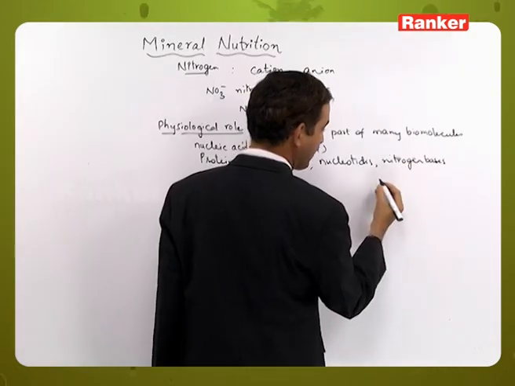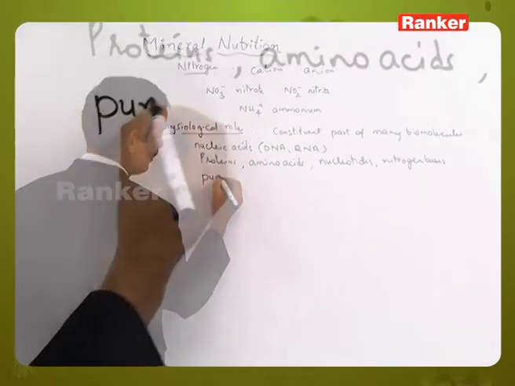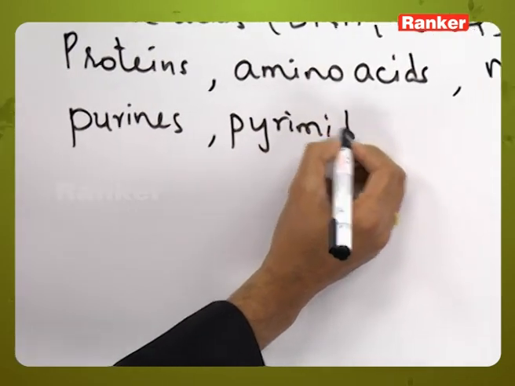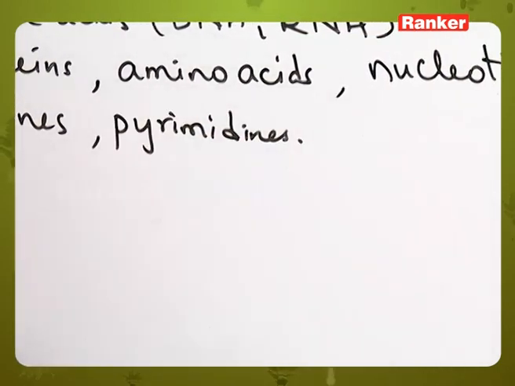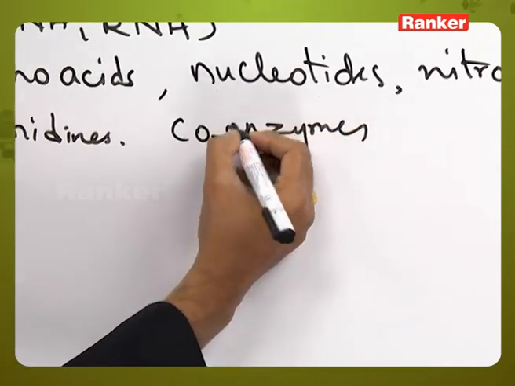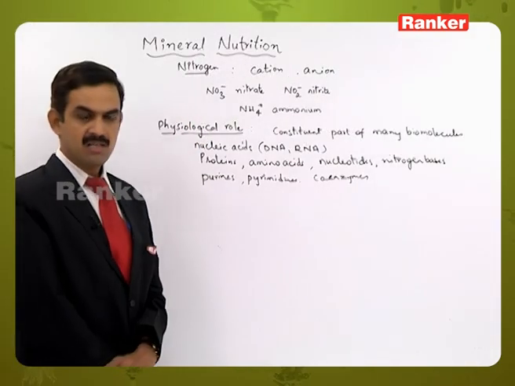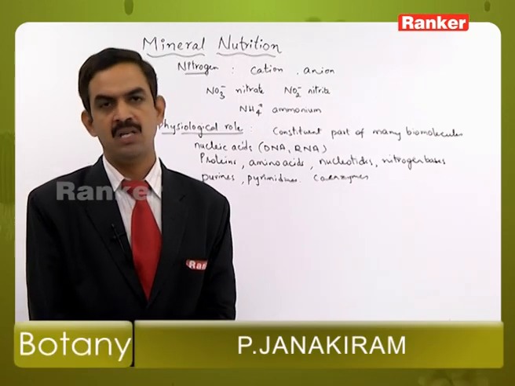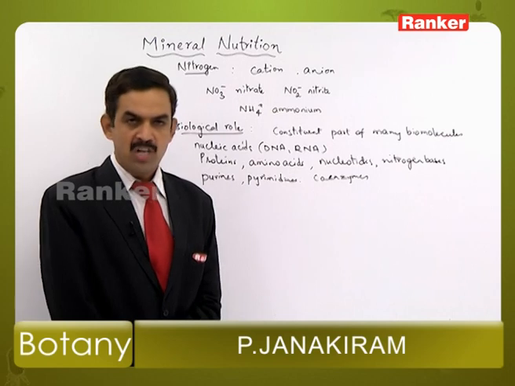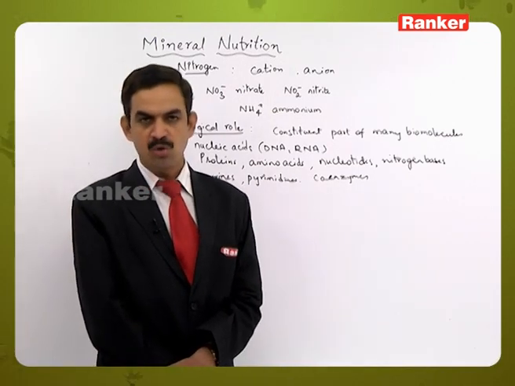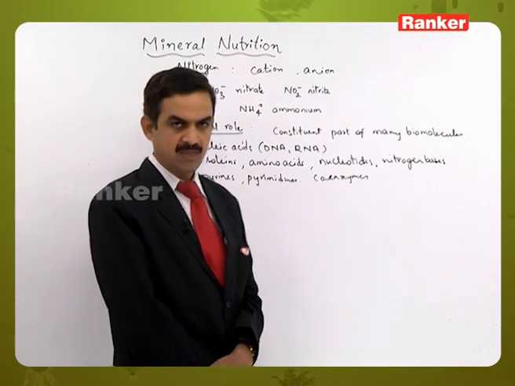So nitrogen bases which are in the form of purines and pyrimidines, and they are also the part of many type of coenzymes. So likewise it is one of the major constituent part of majority of the biomolecules which are required by the plant for various metabolic activities including growth and development.